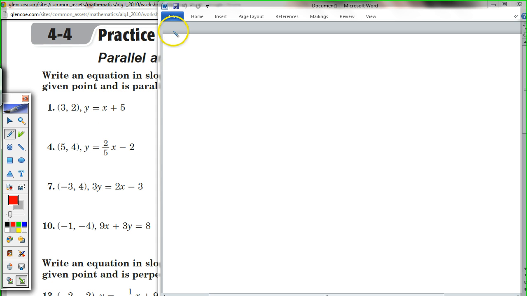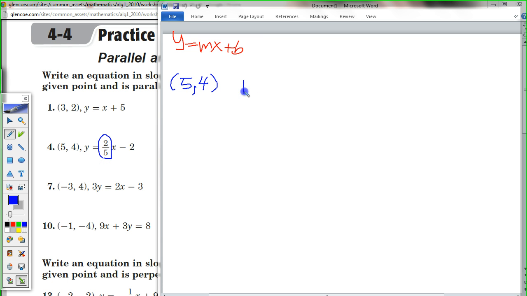Alright, you still want your answer to look like y equals mx plus b. Let's try number 4 here. It's going through the point (5, 4), and all they're asking is for it to be parallel, so it's going to have the exact same slope.